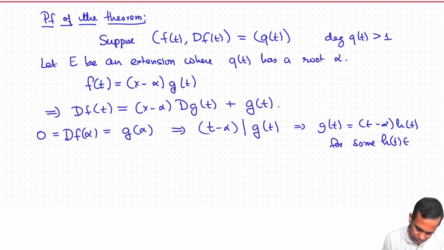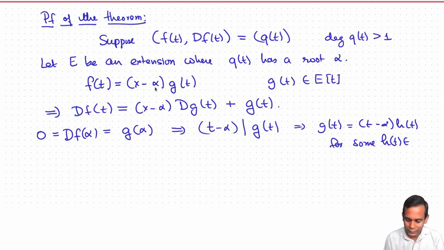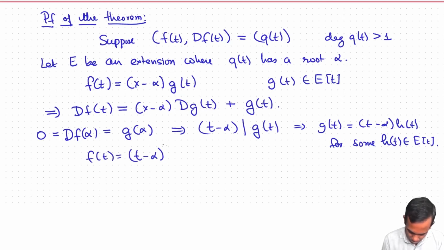h(t) belongs to E[t] in this extension, right? That's where this factorization is happening, because alpha itself is in E. So what we have is (t minus alpha) squared times h(t) in E[t], which implies that (t minus alpha) squared divides f(t).